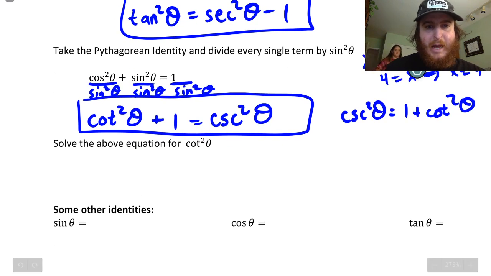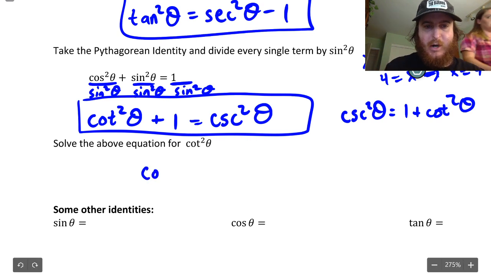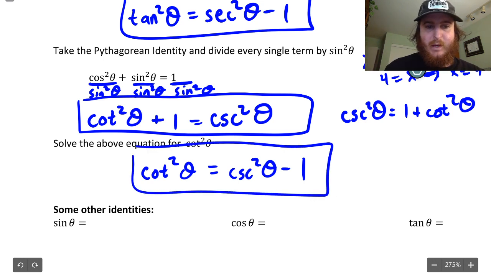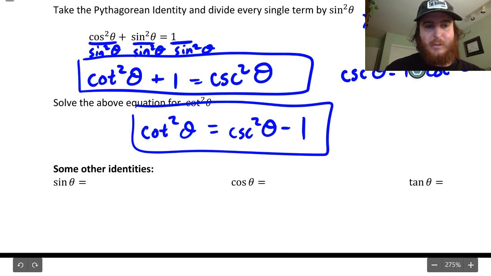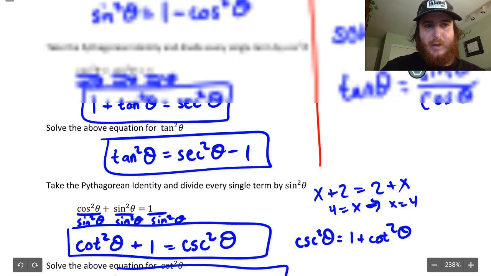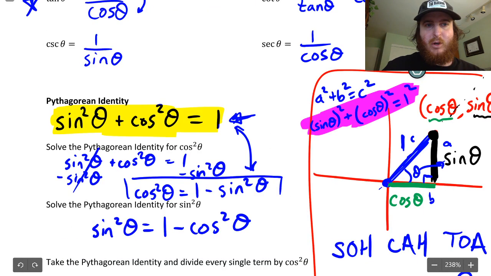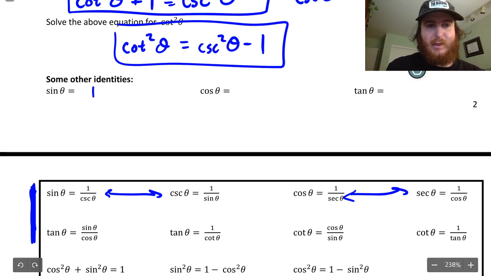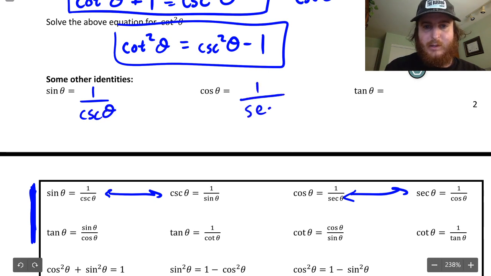Next, if we wanted to isolate for cotangent squared, right, we just subtract the 1 over. And so we get cotangent squared theta equals cosecant squared theta minus 1. And that'll be that, okay? Just kind of some other identities, right? We had up here we wrote that cosecant theta was 1 over sine theta. Well, we can write, like I said, sine theta as 1 over cosecant theta, or cosine as 1 over secant theta, or tangent as 1 over cotangent.